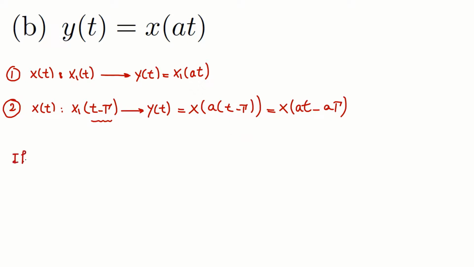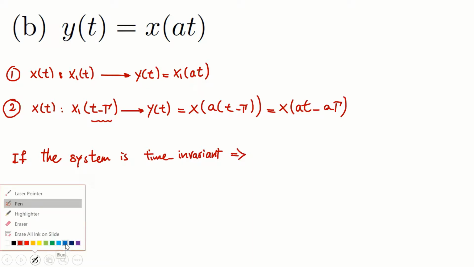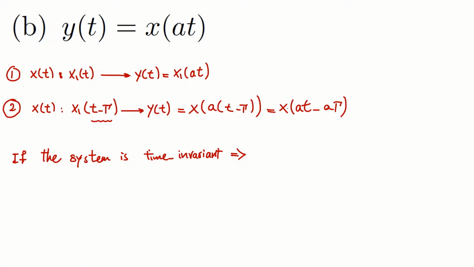Again, if the system is time invariant, then we expect for input x(t − τ), we see the same time shift at the output, t − τ. So we said that for input x(t), the output is x(at).